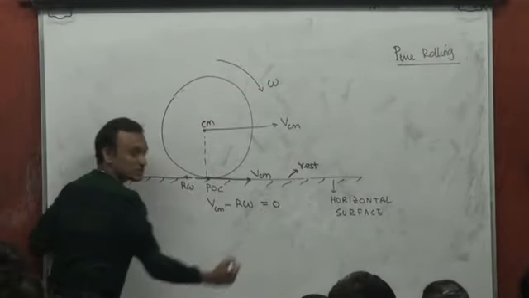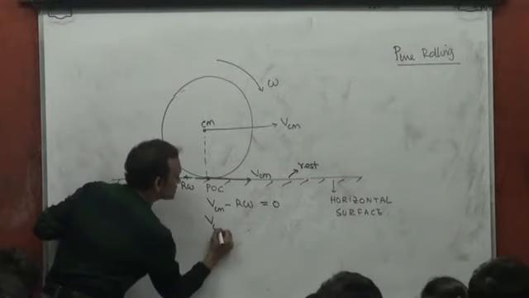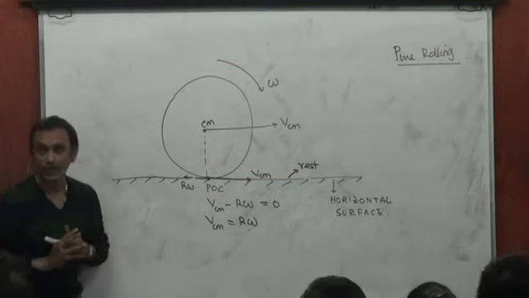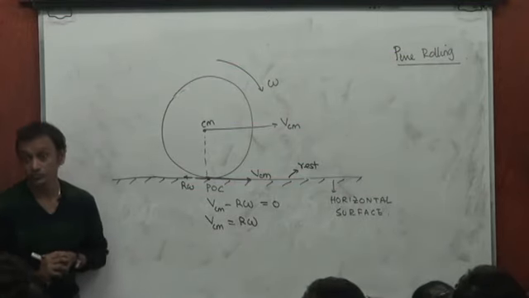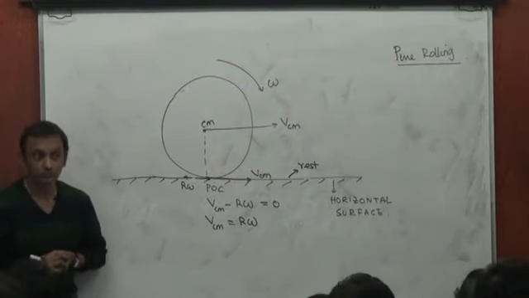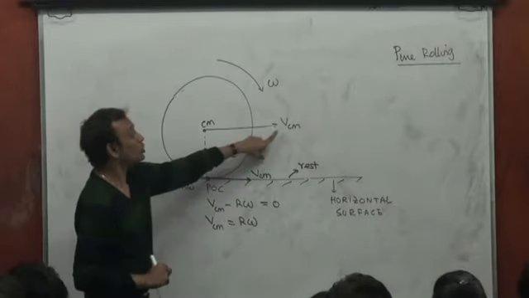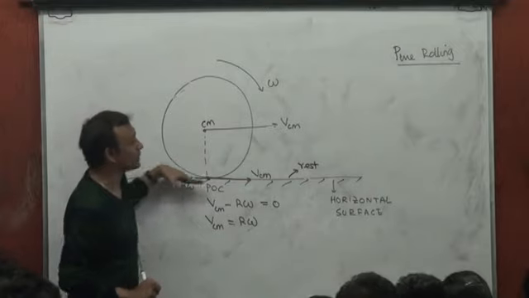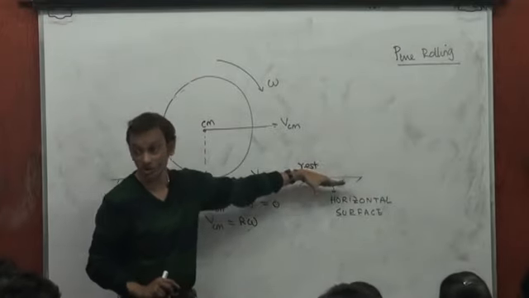So this must be zero in this case. So then VCM must be equal to r omega, yes or no? So the velocity of the center of mass must be r omega if rolling occurs on a fixed horizontal surface.